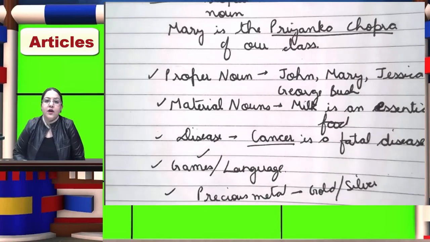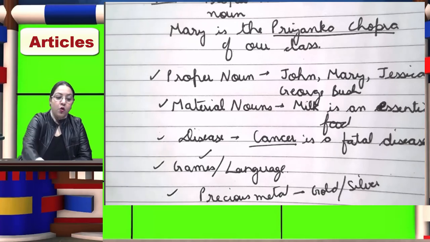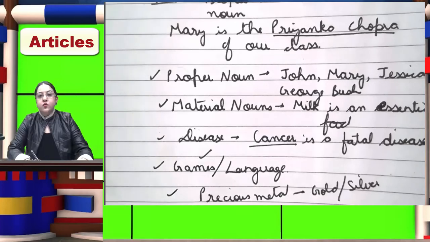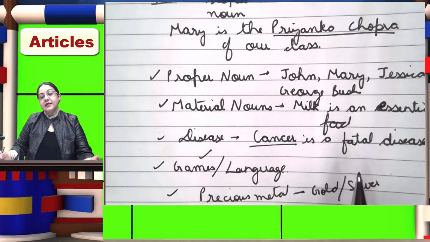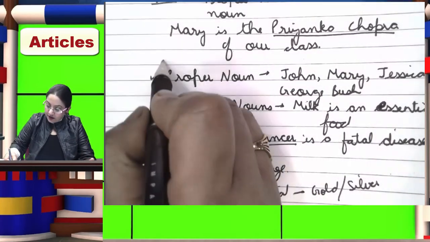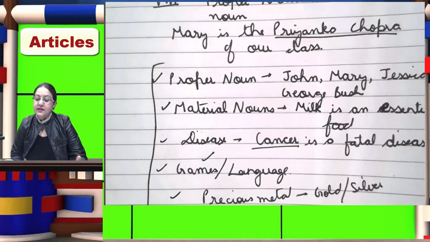So these are the 4-5 cases where we are not using any article: in the case of proper nouns, material nouns, diseases, games and languages, and precious metals. We can have more such cases, but these are the general cases wherein we are not using any article.